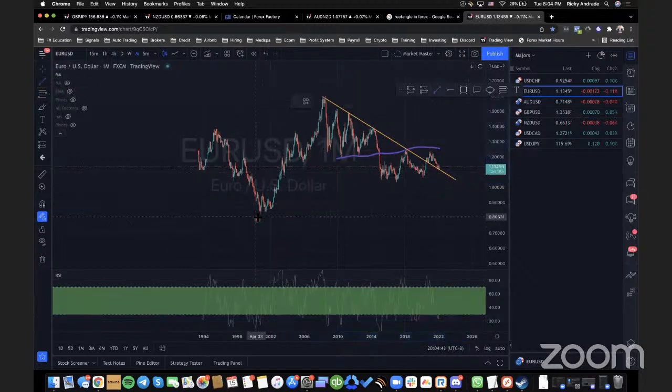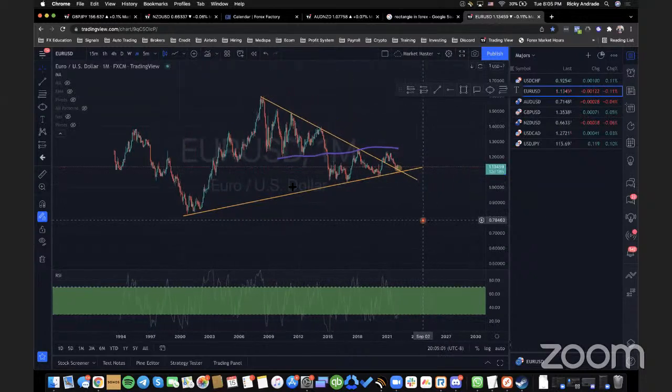It's also hitting support on this side here. So it's in a double support area where it's expected to rise here. Double support.